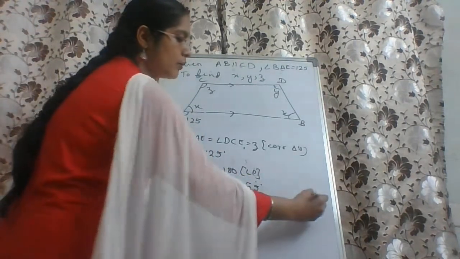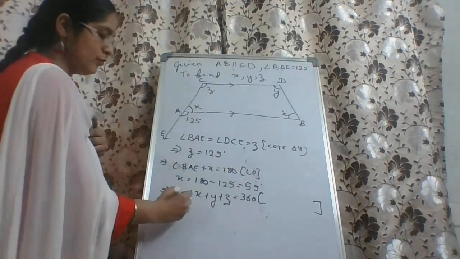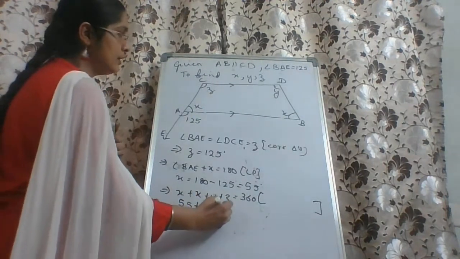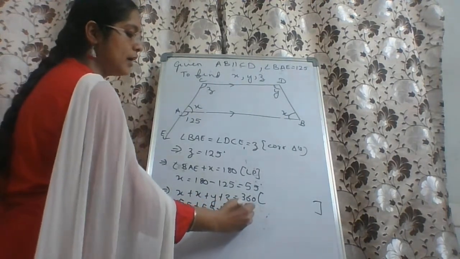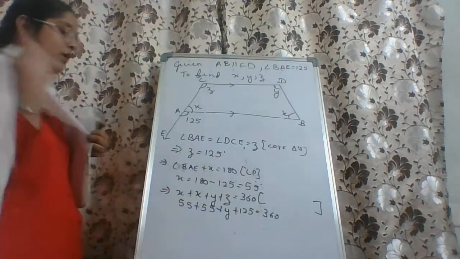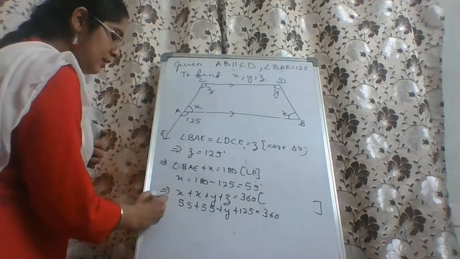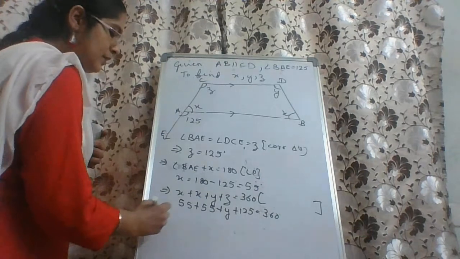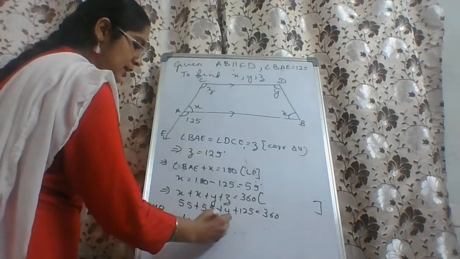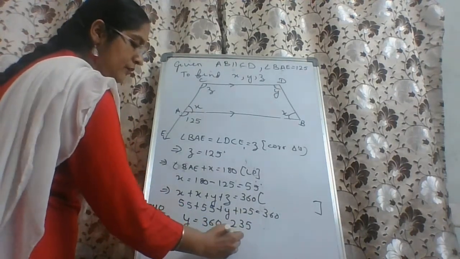So substitute the value: 55 plus 55 plus Y plus 125 equal to 360 degree. 110 plus 125 is equal to 235. Y is equal to 360 minus 235, which is equal to 125 degree.